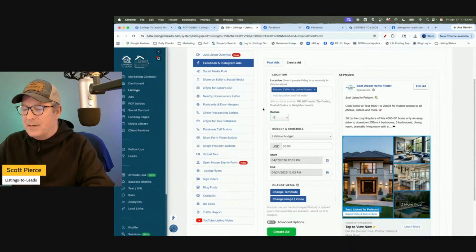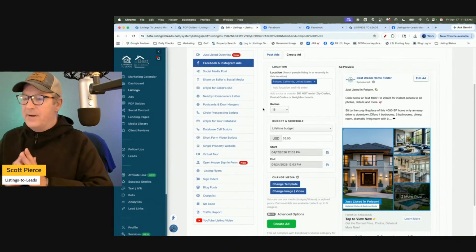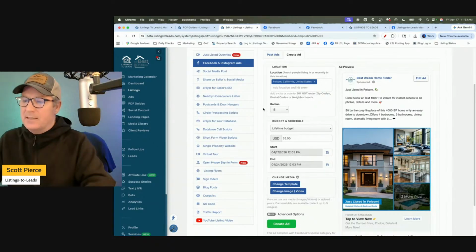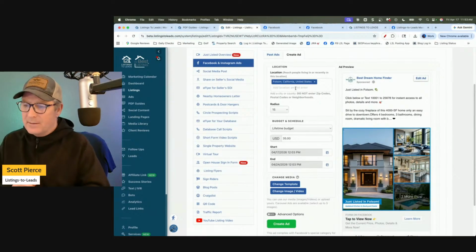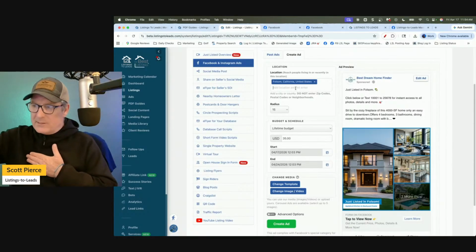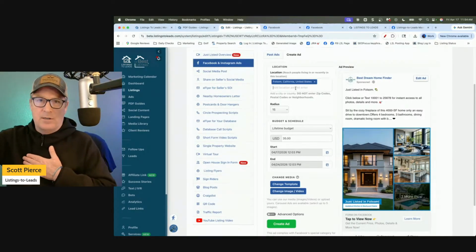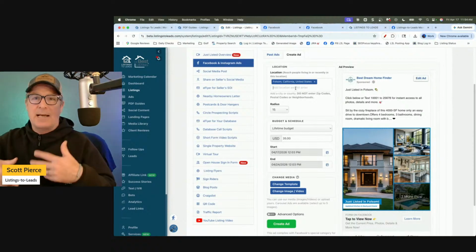Leave it as 15. Very few of you have any reason to be changing location or even adding. The only time for adding location would be, especially on the high end luxury listings, like in Florida, maybe you want to change it to like New York or Chicago or something like that.